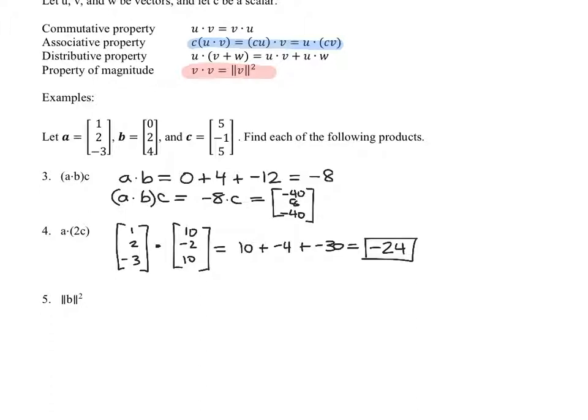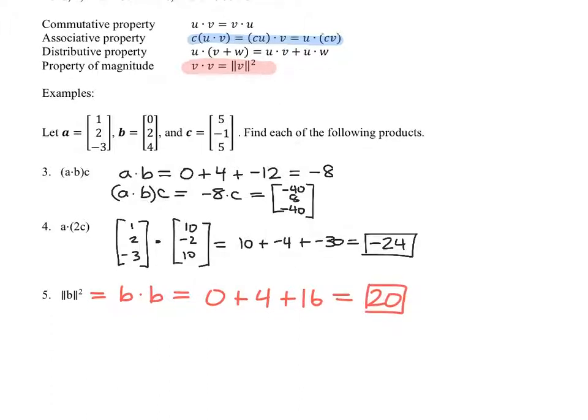It shows us that the magnitude squared is the same as the dot product of a vector in itself. So if I know vector B, I can just do a quick B dotted against B, which is going to be 0 plus 4 plus 16, result 20, and then call it a day.